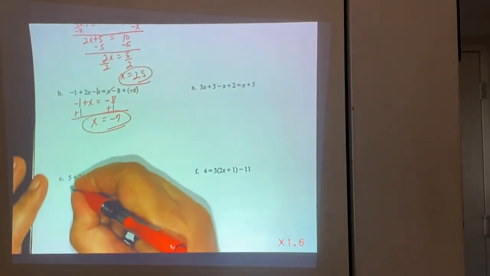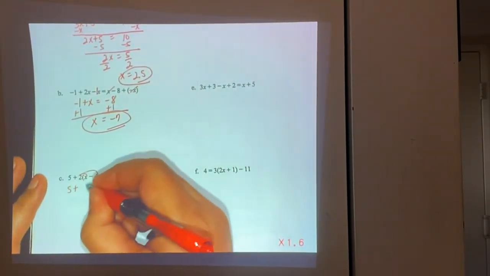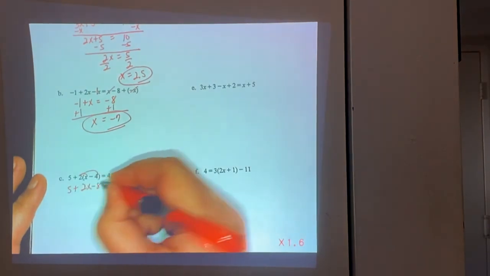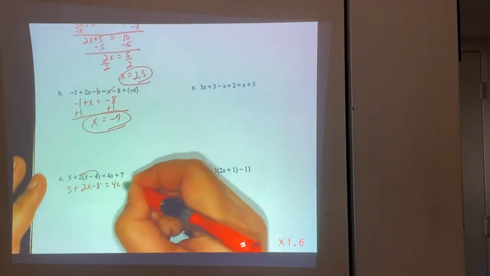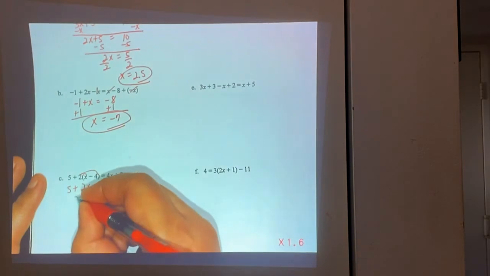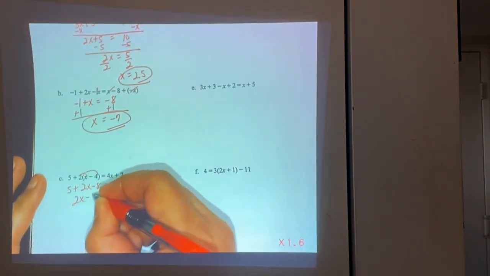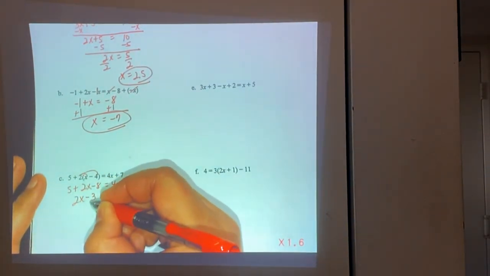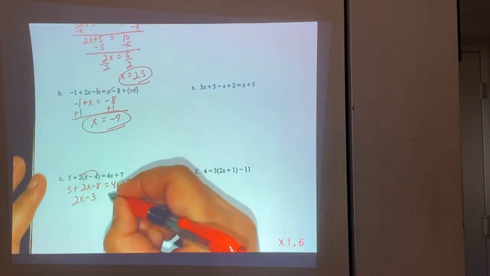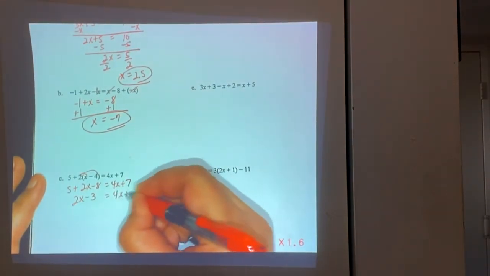Okay, letter C. Bring the 5 down. Let's distribute the 2. So this is 2x minus 8 equals 4x plus 7. So this is 2x minus 3, equals 4x plus 7.